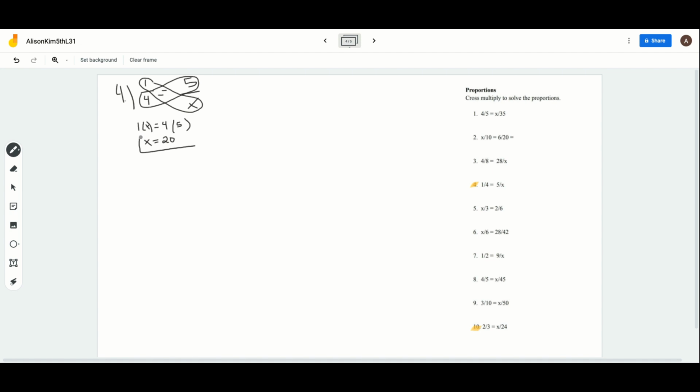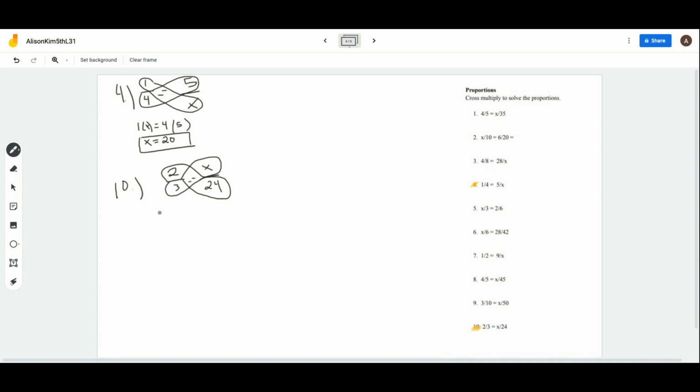Now let's do number 10. Number 10 gives us 2/3 equals x over 24. And what we're going to do is the butterfly method once again. It tries to look like a butterfly.